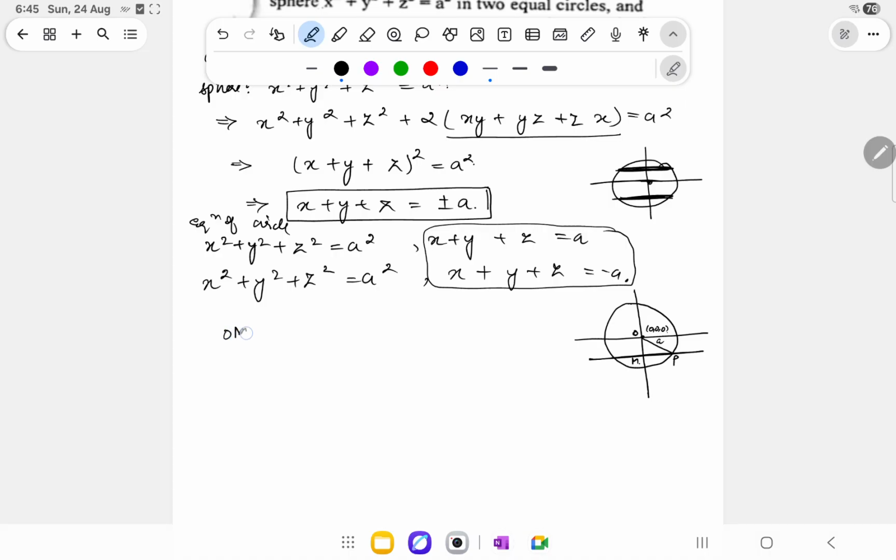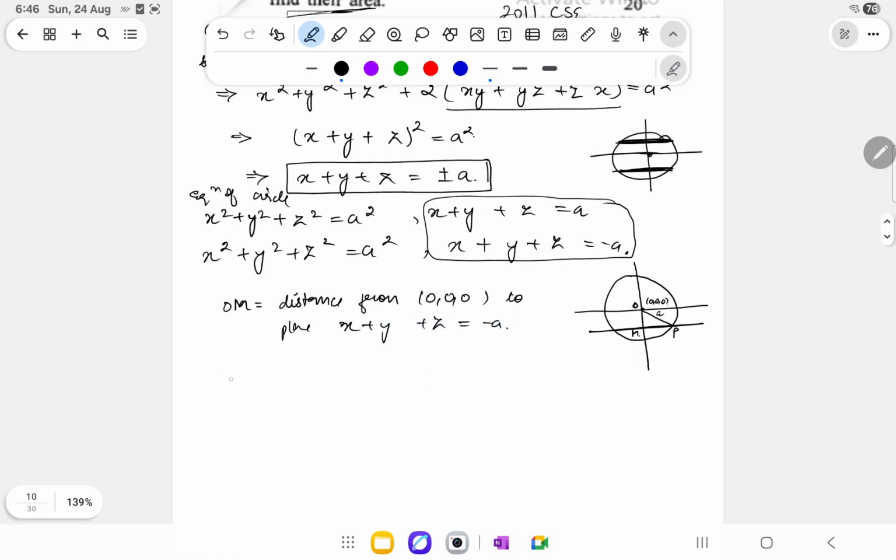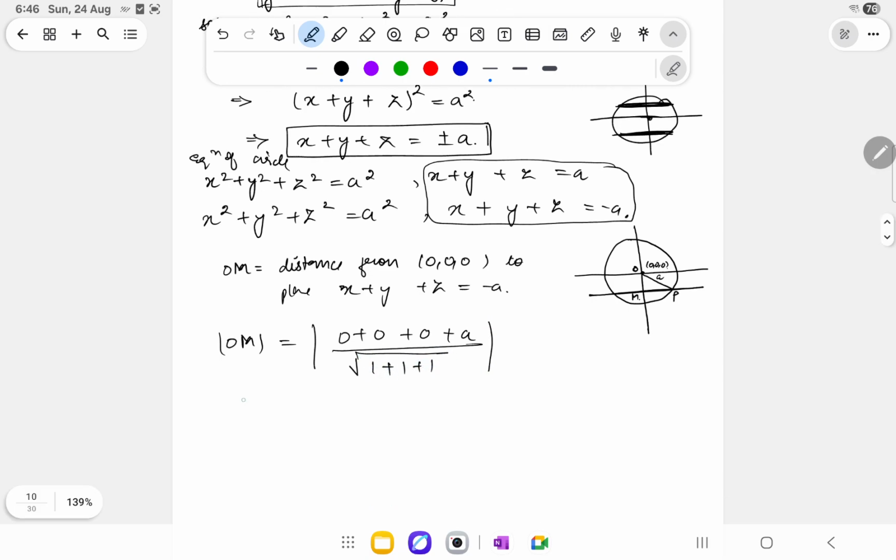So let us find this OM. OM is the distance from 0, 0, 0 to the plane x + y + z = −a. So OM is (0 + 0 + 0 + a) divided by √(1 + 1 + 1), so I got OM as a upon √3.